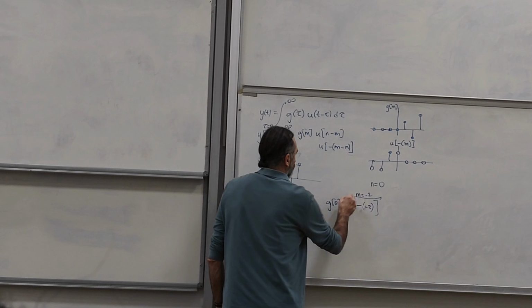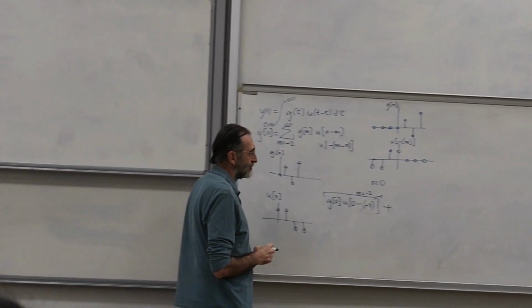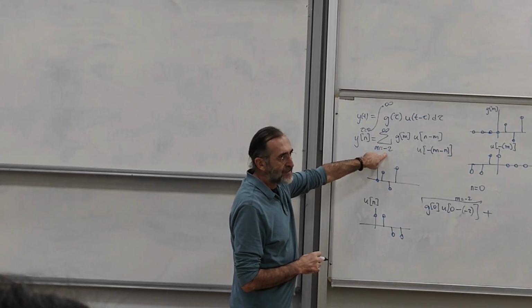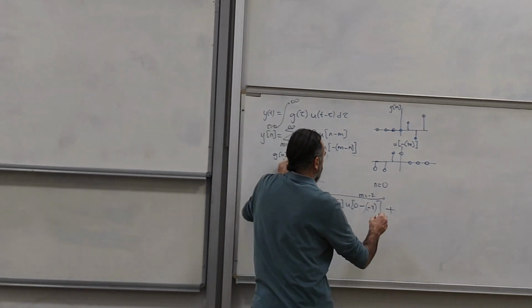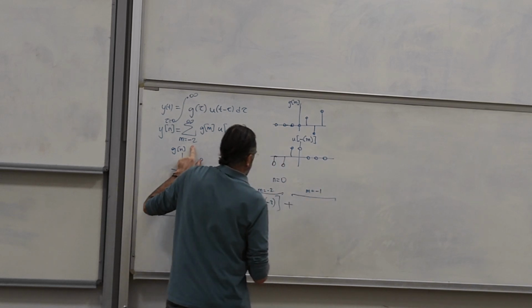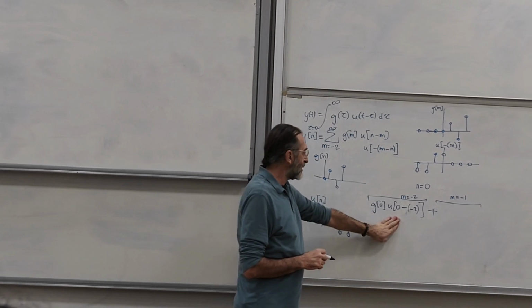This whole thing. Then I'm going to add to it the next inside the summation, which is going to be n equals minus 1. So all the values that I have for n, I'm going to put minus 1 in.